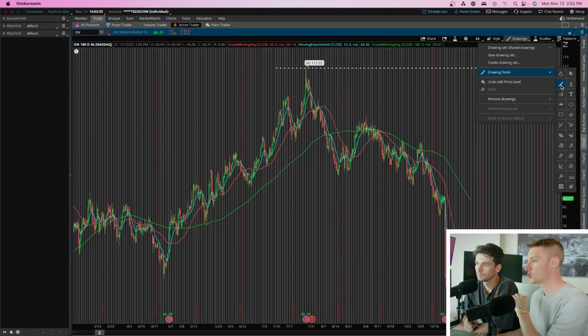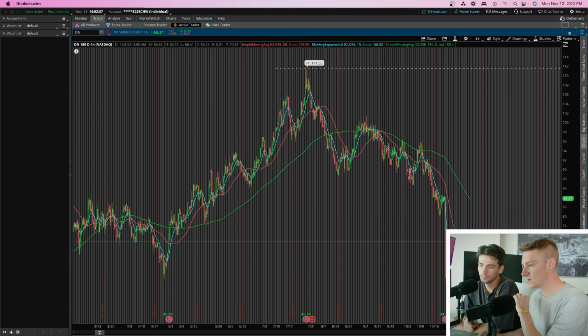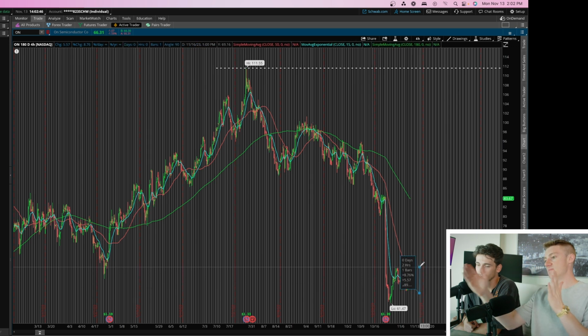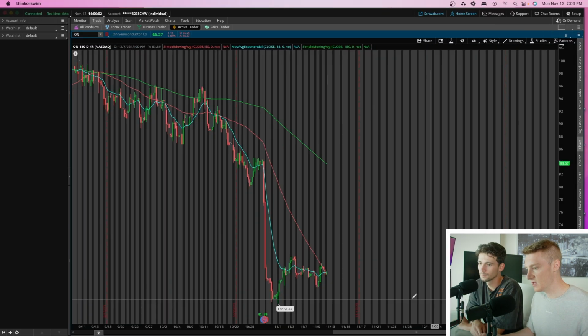All right, let's cover a couple of tools we're going to need in our trading. Under drawings, drawing tools, trend line. If you click anywhere on a chart, it's going to let you draw out and figure out what the percentage is between a certain point and a certain point. For example, if we click and drag off of the low up to where we're currently trading, which is right here, see the green 66.28.